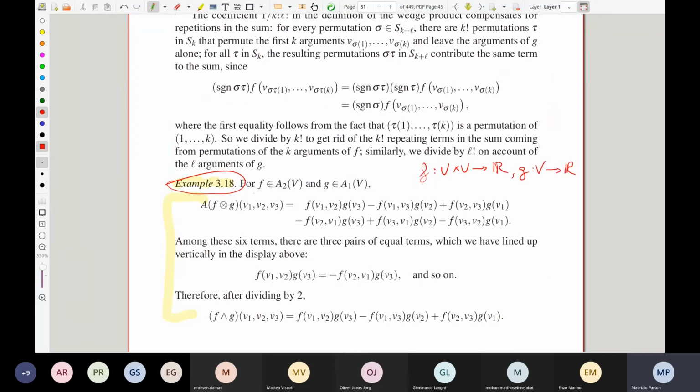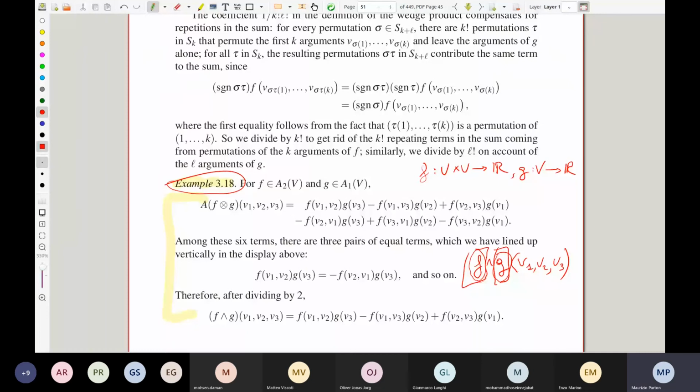Now I'm asking you to compute F wedge G, that is the wedge product between a 2-form and a 1-form. First, it should act on 3 vectors, right? Because 2 vectors of input here, 1 vector of input here. So you should tell me what this is evaluated on 3 vectors.